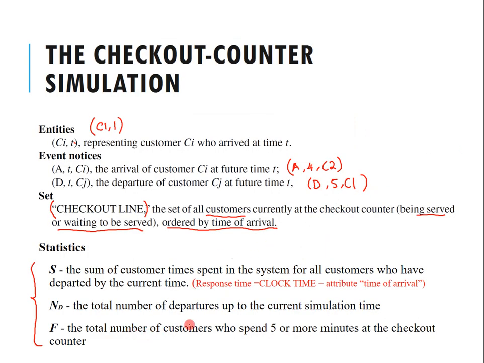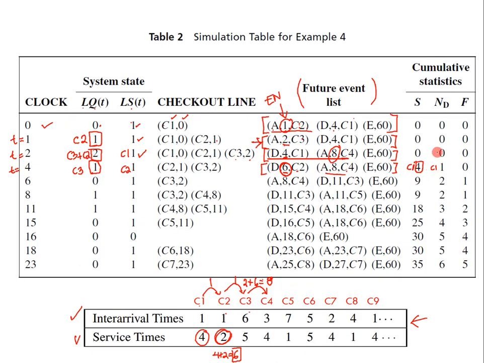The total number of customers who spend 5 or more minutes at the checkout counter. At this point it is 0. No customer has yet spent 5 minutes or more. Only customer 1 spent 4 minutes.